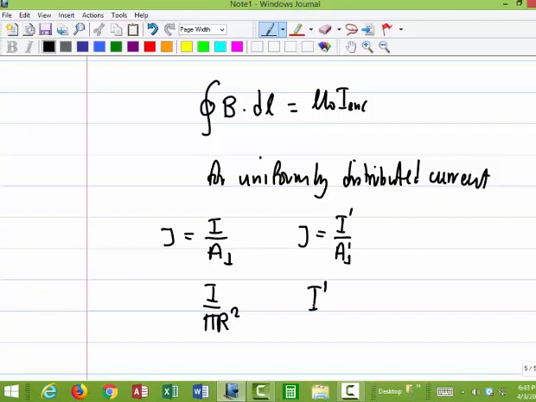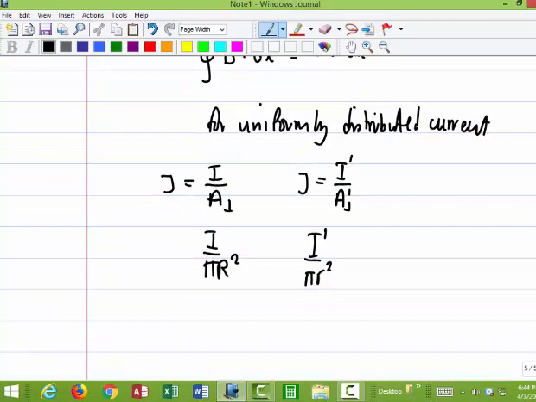Then the current I prime is over the area pi r squared, where r is the segment that we are interested in. Since the current is uniformly distributed, the current density is the same.